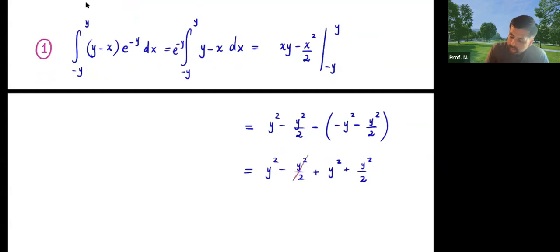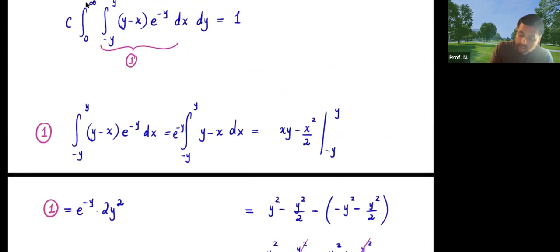So these cancel, and I'm left with 2y squared, right? And so then the inner integral here, 1, becomes e to the negative y times 2y squared. That's the inner integral. That's what 1 is.